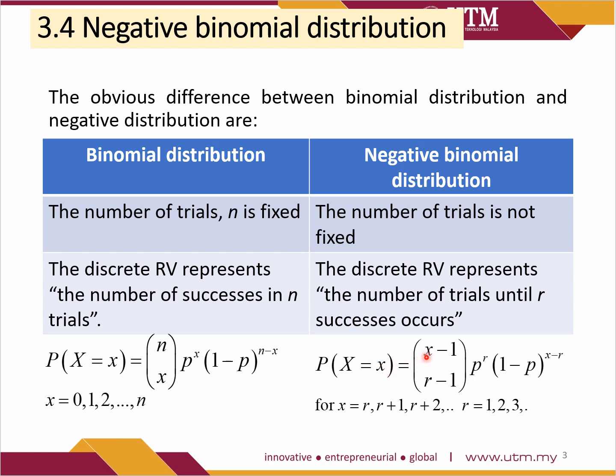So this x is the number of trials, r is the given number of successes, p is the probability of success, and 1 minus p is the probability of failure. Given x equals r, r plus 1, r plus 2, and so on, and r is 1, 2, 3.